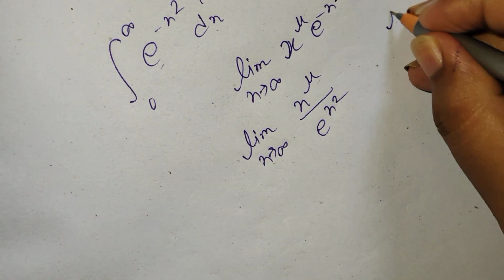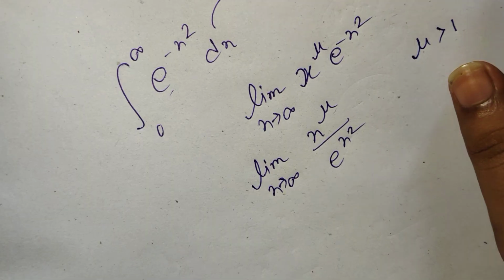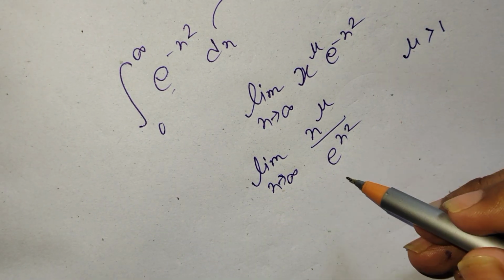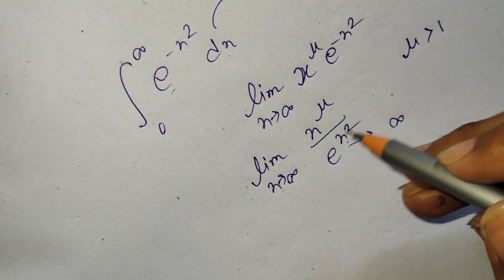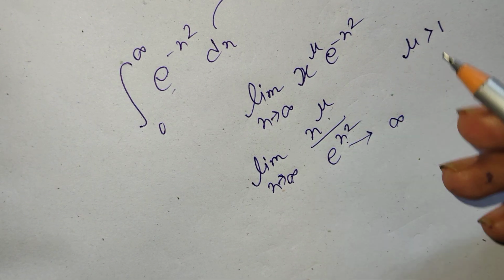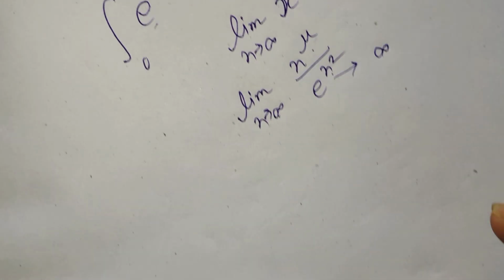Now we have to take mu which is greater than 1, and for which the limit will exist, right? If we are putting infinity at the denominator it will become infinity, if we are putting infinity at the numerator then maybe it is infinity, maybe it is not, let's see what will happen.